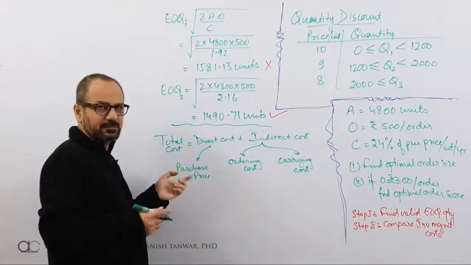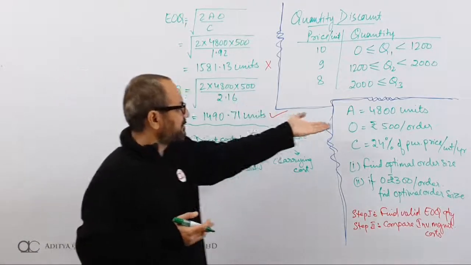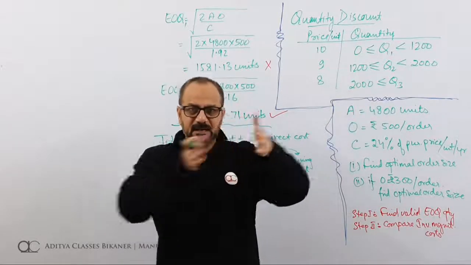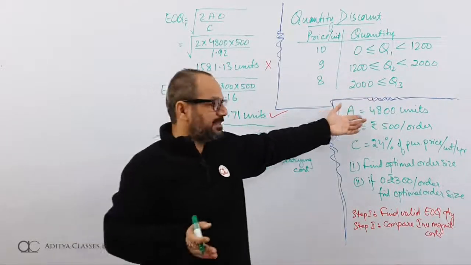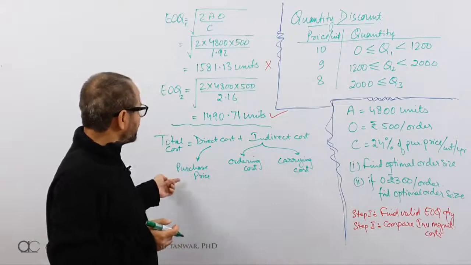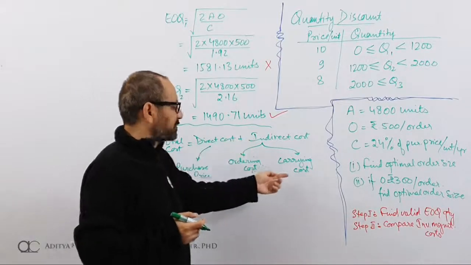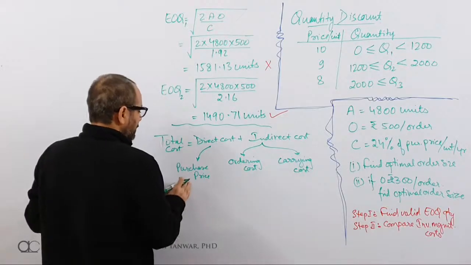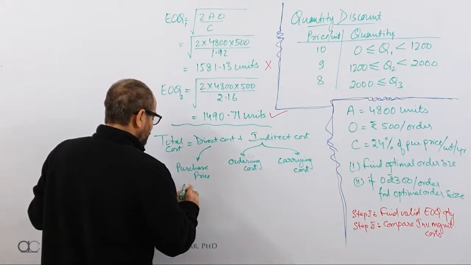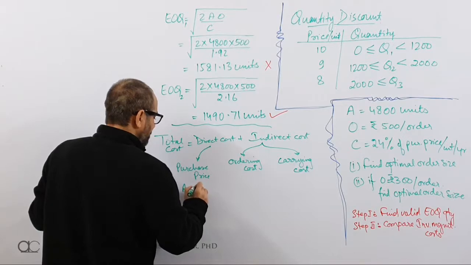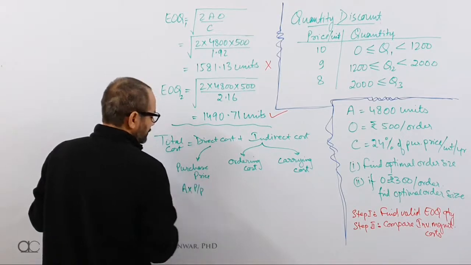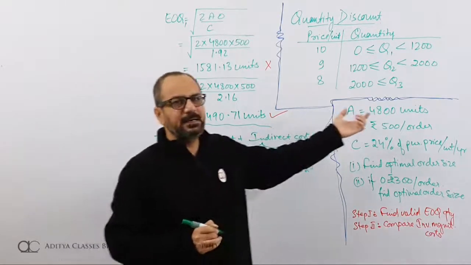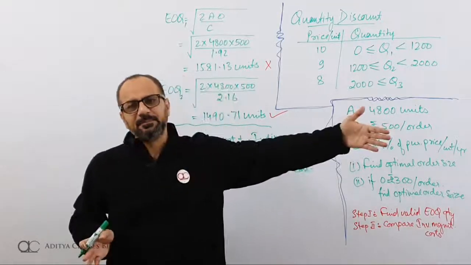Direct is purchase price. Whatever units you are purchasing, you will be purchasing 4800 units in the complete year. This is the annual demand. So that will be purchase price. Then indirect cost would be ordering cost plus carrying cost. Now what could be the formula for these? The purchase price would be annual demand multiplied by purchase price. 4800 units down the line I will be purchasing.